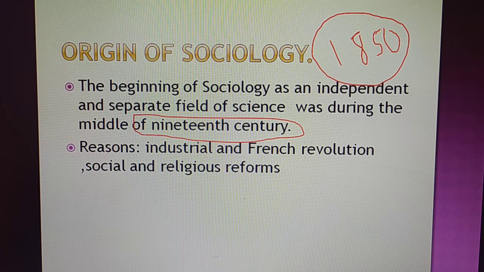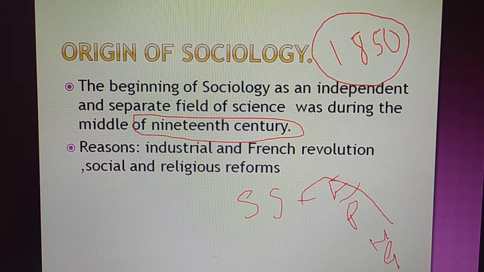In social science we can study many subjects like economics, political science, history and geography. These are the important subjects studied in the social sciences, and among these sociology is also studied.